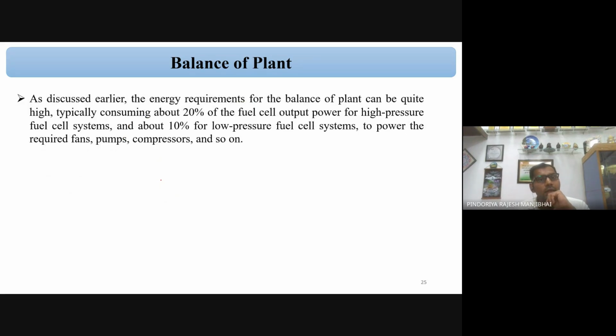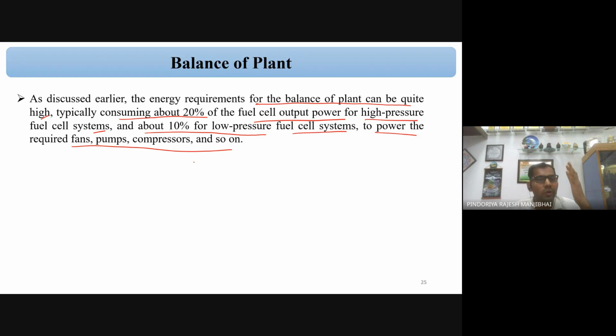As discussed earlier, the energy requirement for the balance of plant can be quite high. Yes, in the last 2 classes we already discussed that the fuel cell energy requirement is high. Typically it consumes about 20% of the fuel cell output power for a high pressure fuel cell system, and about 10% for a low pressure fuel cell system, to power the fan, pump, and compressor, and so on.